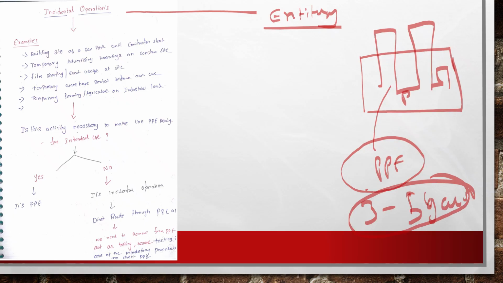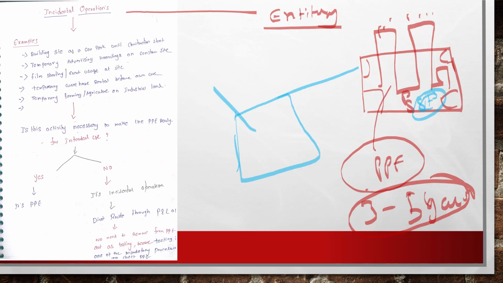Before constructing this plant, there is an idle space in your site. So in this site you have given some rent. You have given the space on rent to other business people to use this space for these 3 to 5 years.